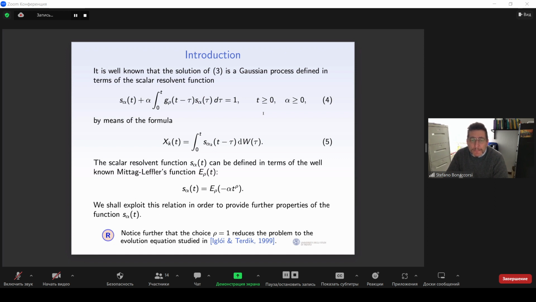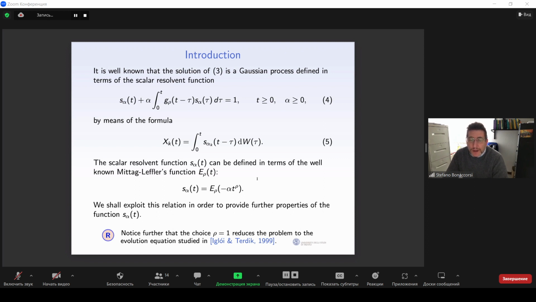And in our case, the scalar resolvent function S alpha can be defined in terms of the Mittag-Leffler function via the equality that says that S alpha is given by the Mittag-Leffler computed in minus alpha times t to the rho.